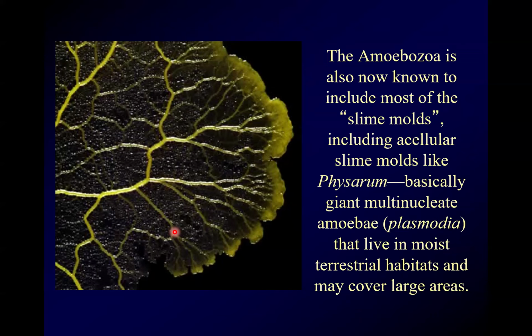You find these in moist terrestrial habitats, in places like very wet forests. You might find these covering a sizable portion of the underside of a log, for example. So they can get to be quite large. There's a lot of cytoplasmic streaming that's constantly going on, transporting nutrients and everything else. And when conditions are bad, they can form resistant stages and just wait it out.